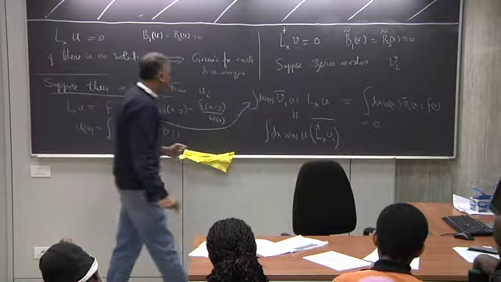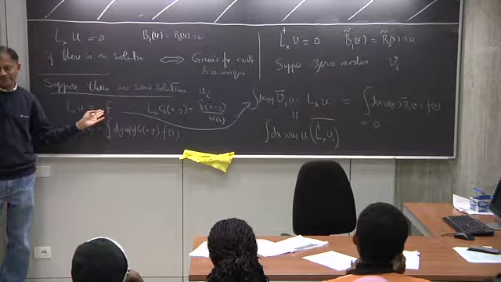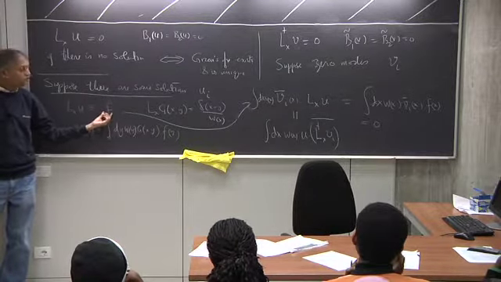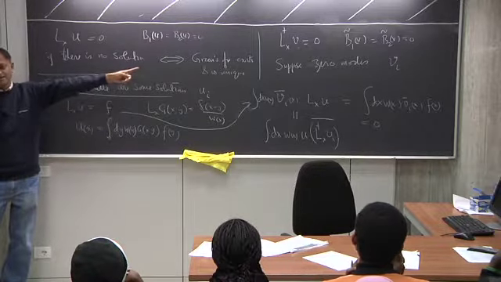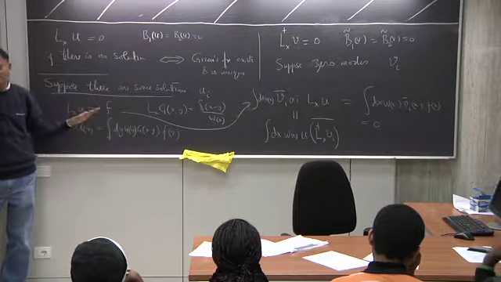So what this is telling you is that I cannot just find a solution to this equation for arbitrary f. Okay, f must be orthogonal to the 0 modes of the L dagger operator, right? So only then can you hope to find a solution.